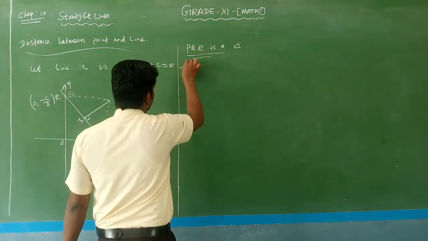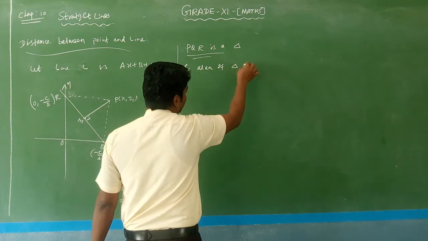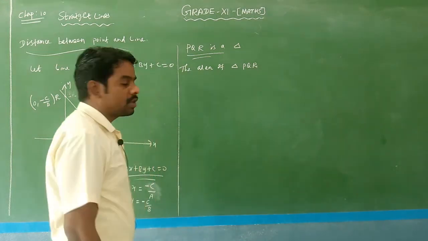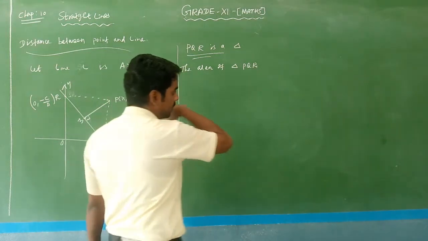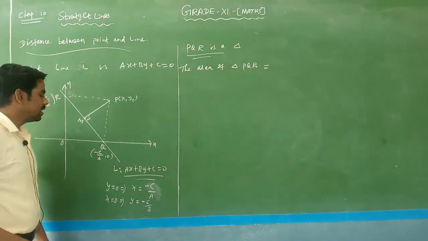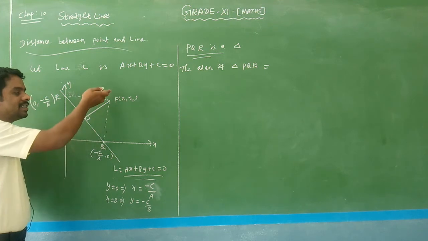The area of triangle PQR is base into height. Here base is QR and height is PM.